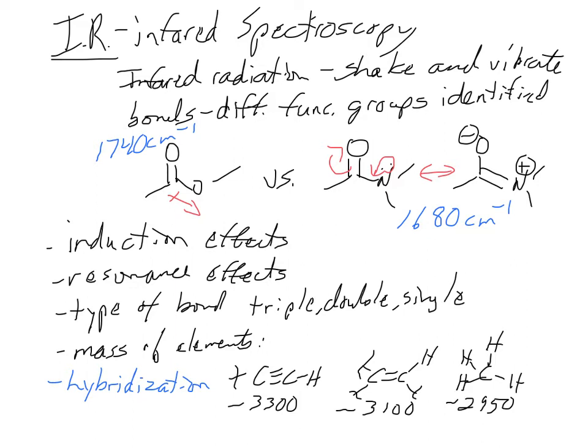So you can't, right? Remember, IR can't give us the whole picture. It can tell us we have sp2 CHs. It doesn't tell us this sp2 CH is on a benzene ring or this sp2 CH is on an alkene. It tells us we have them, but it doesn't tell us exactly what types they are.